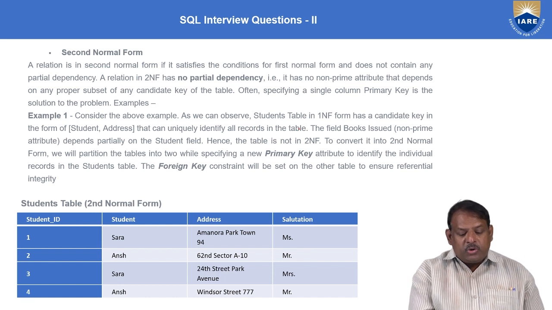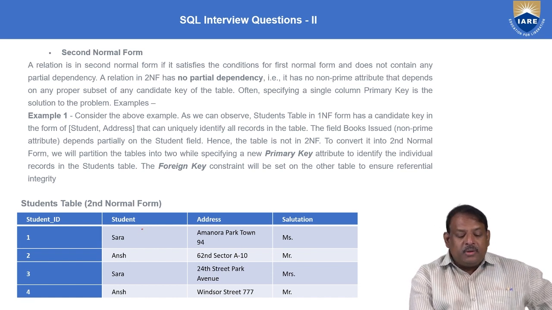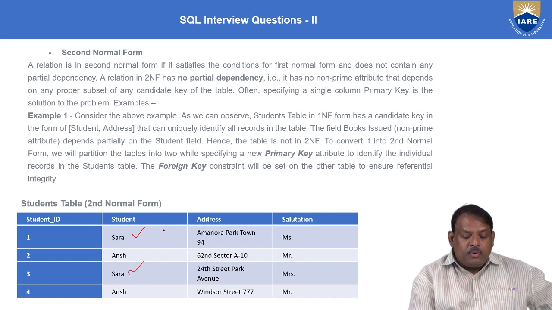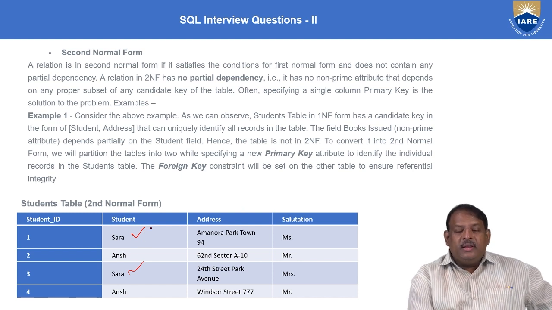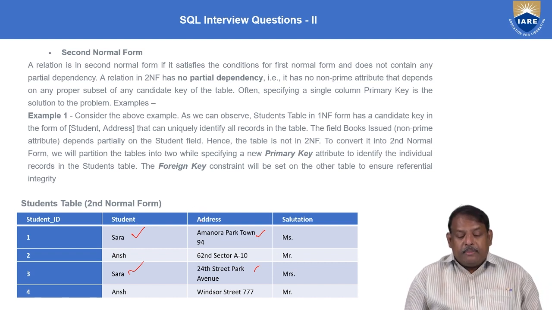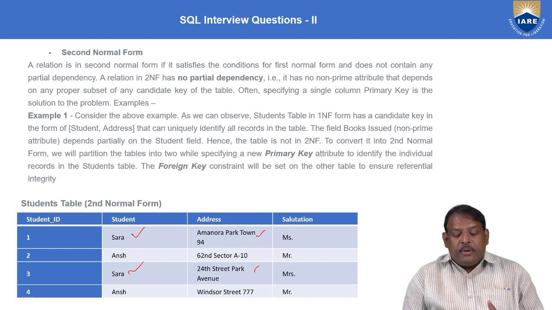You cannot have only student as a primary key because there are two Saras here, and they both stay in different locations. So the combination of student and address can be made a primary key, because these two combined can uniquely identify a record.